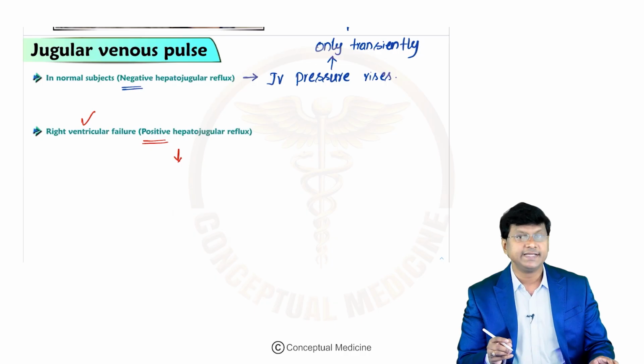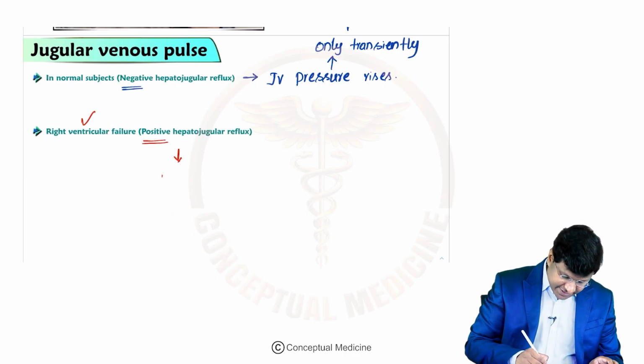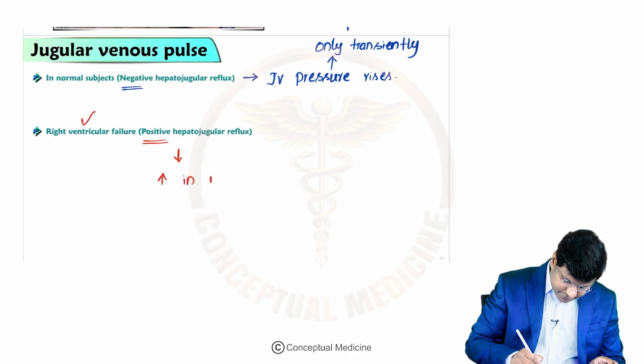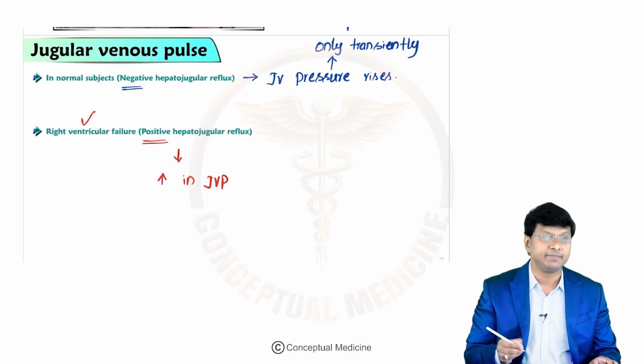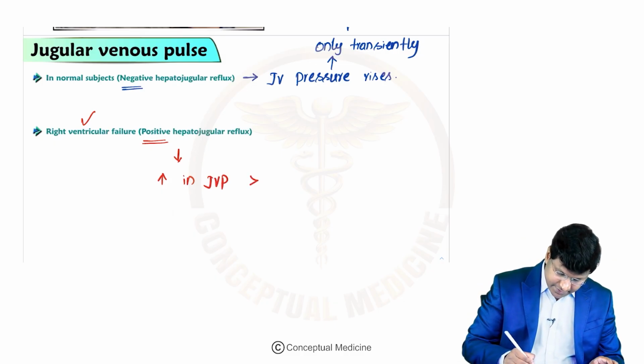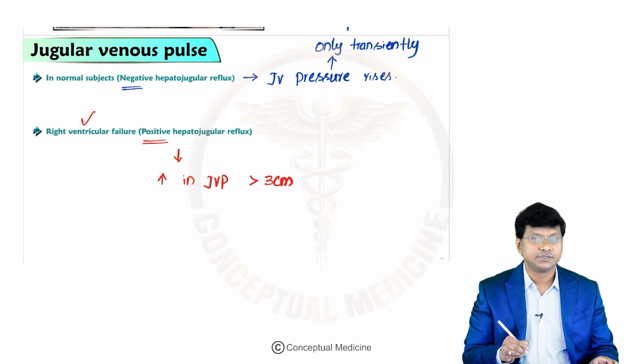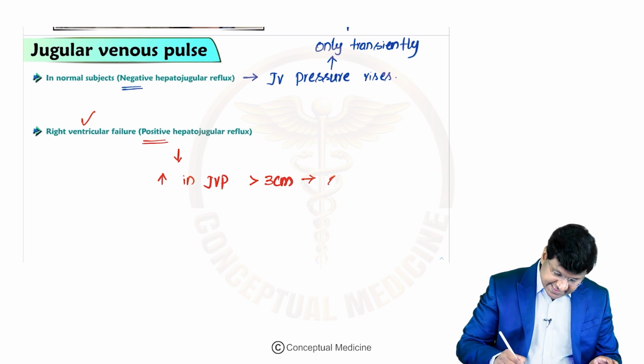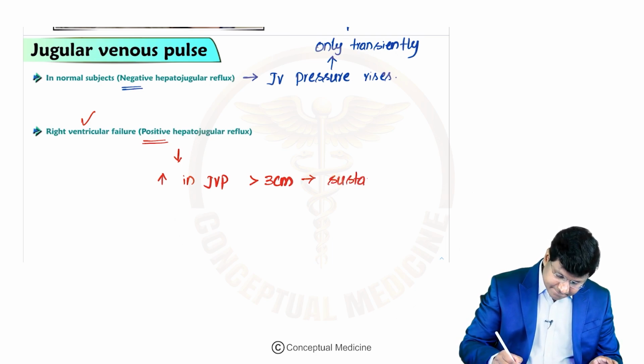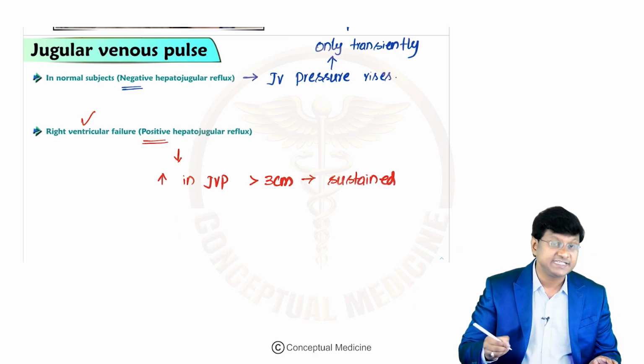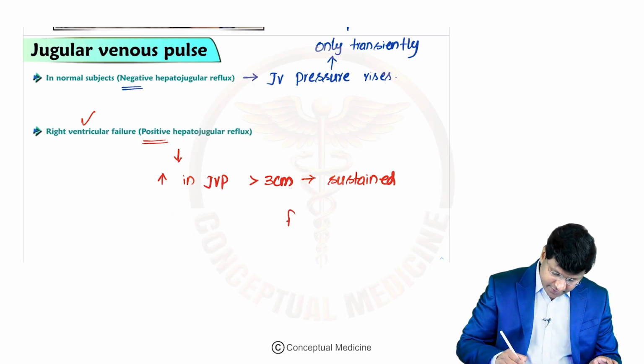It is defined by increasing JVP greater than 3 centimeters, which is sustained for more than 15 seconds.